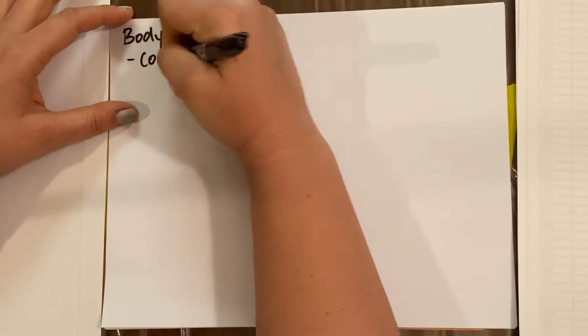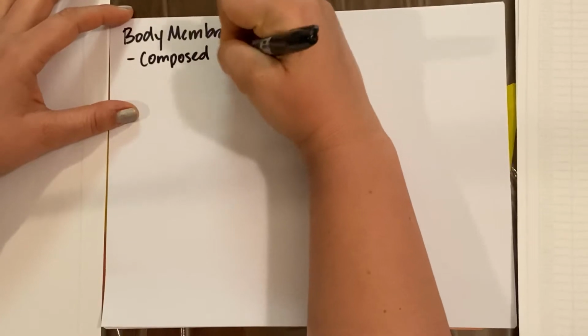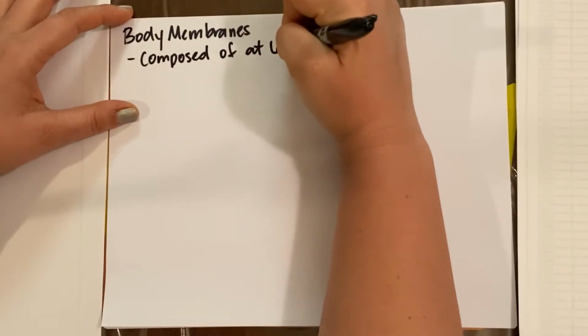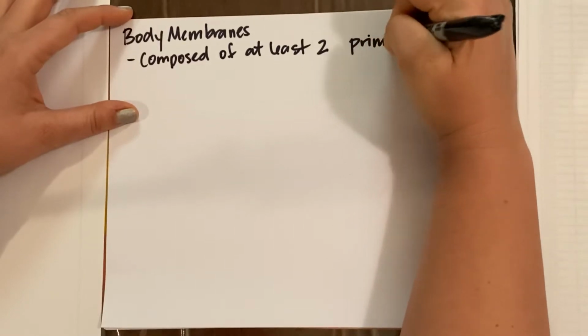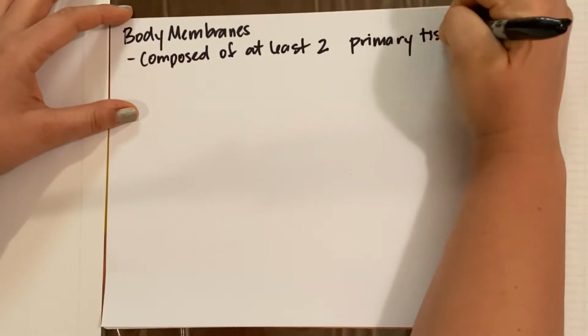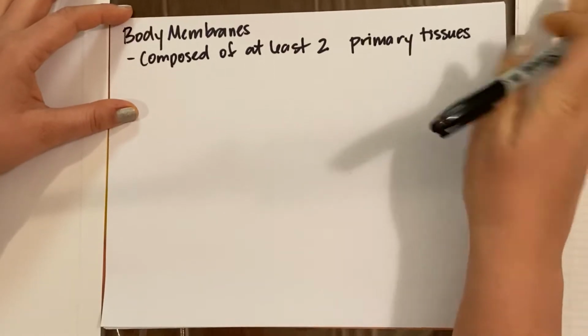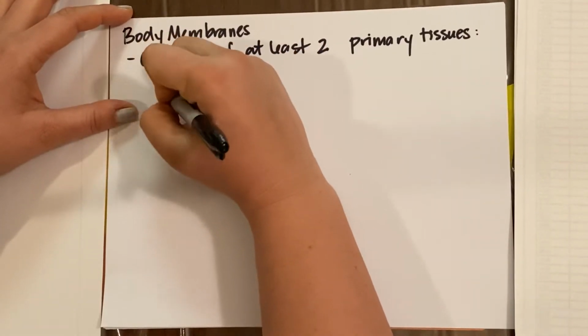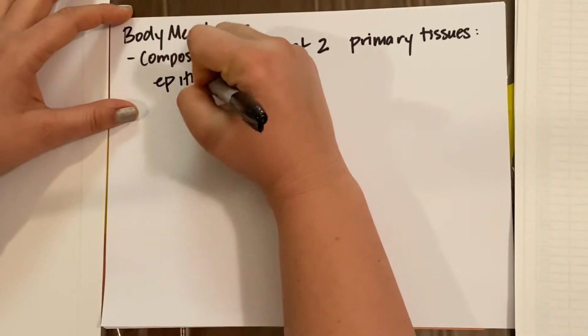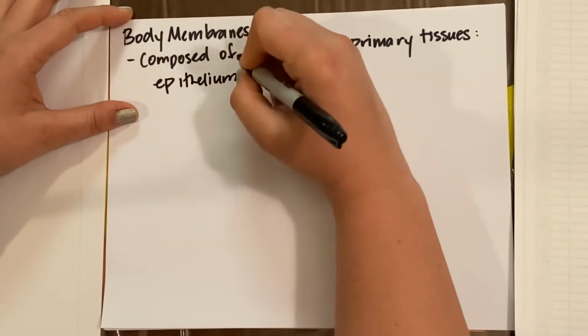So composed of at least two primary tissues, okay? And those primary tissues are going to be, one, epithelium, okay?